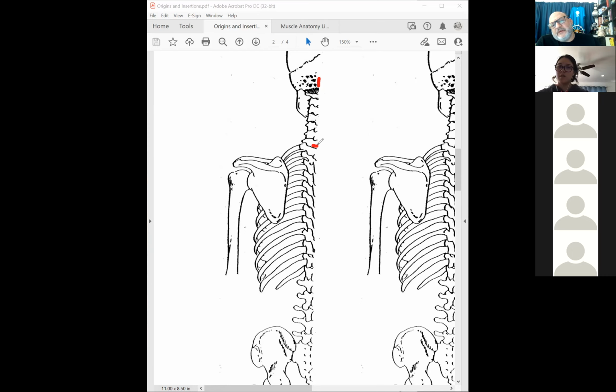All right, what's so special about the spine of C7 again? It's the most pointy. Yeah, it has the longest spinous process, and it's known as the vertebral prominence, right? So that vertebral prominence from your 30-point review, that is the spine of C7. And then all of the spinous processes of T1 through T12.